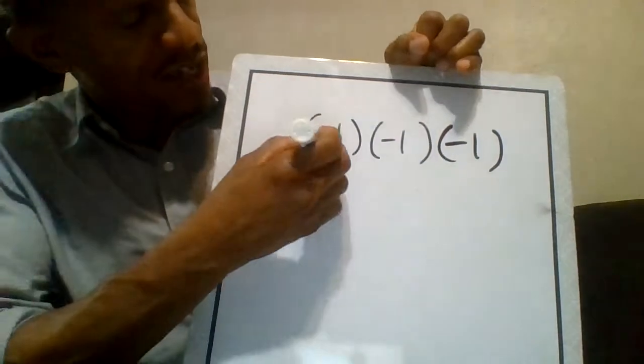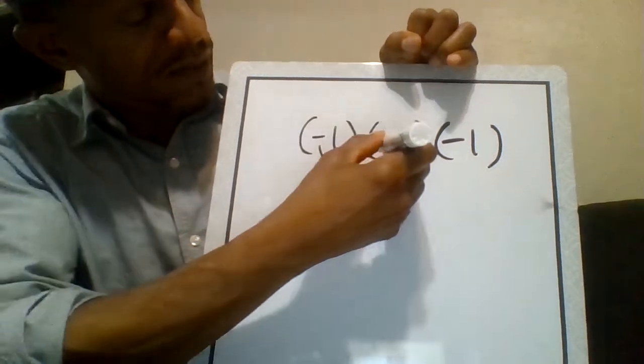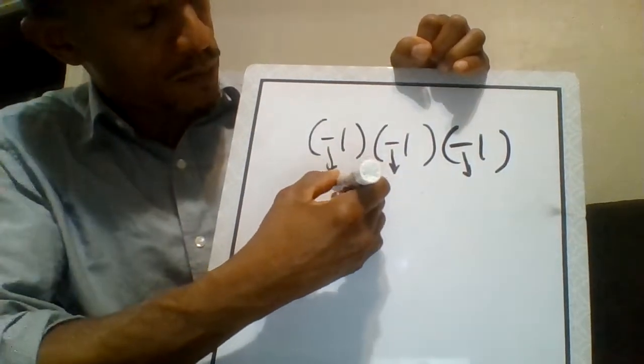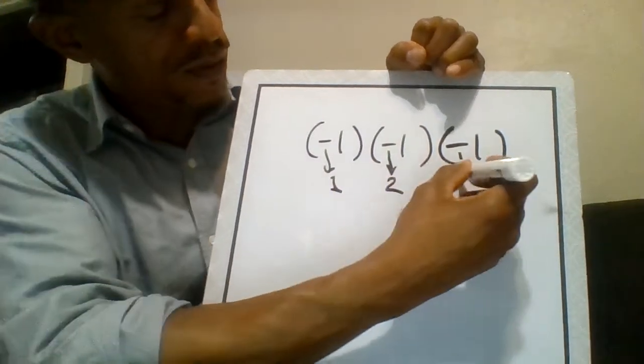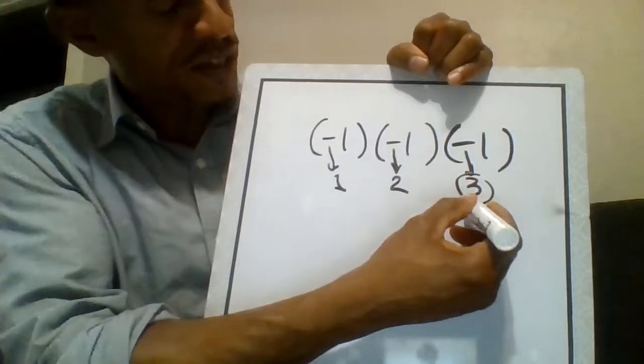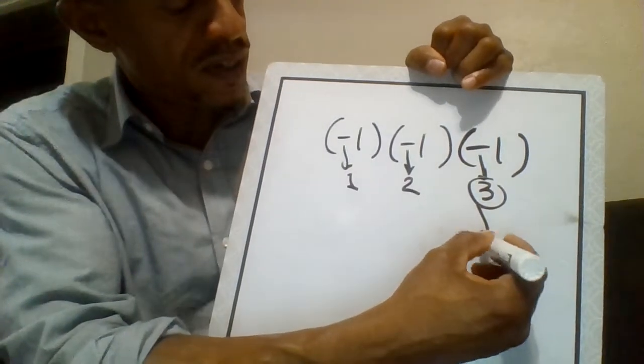Let's say I have negative 1 times negative 1 times negative 1. Let's count the amount of negative signs: 1, 2, 3. We know from our prior knowledge that 3 is what type of number?